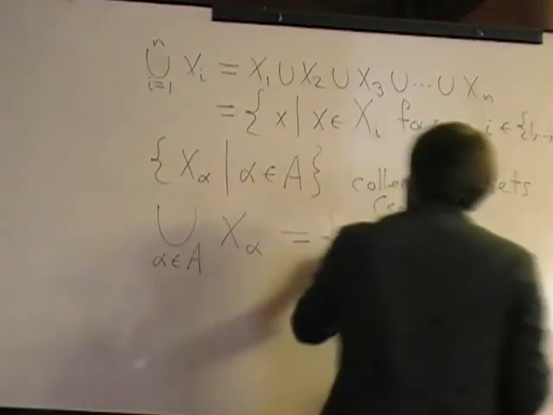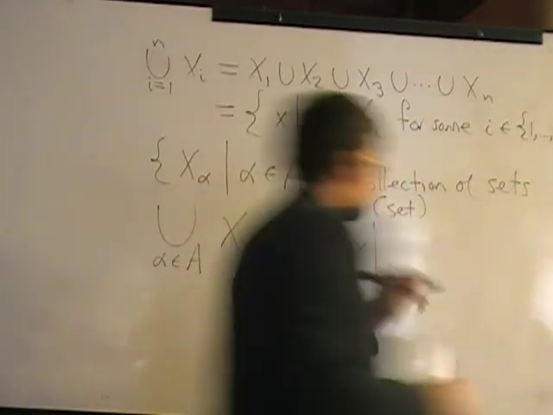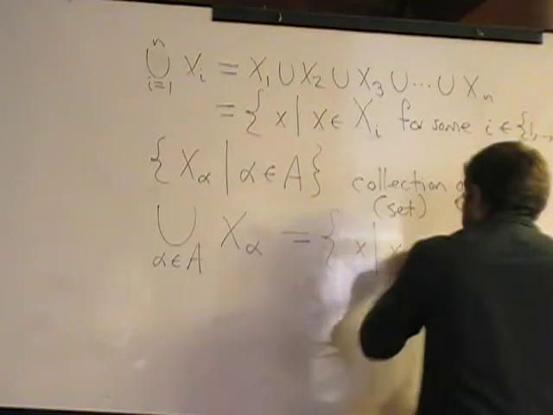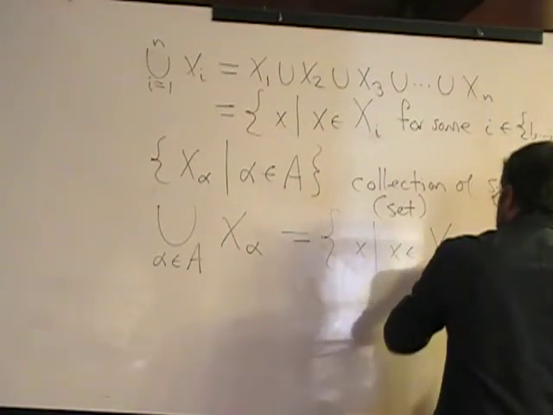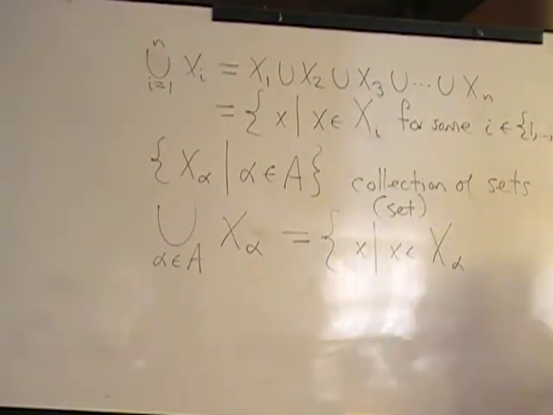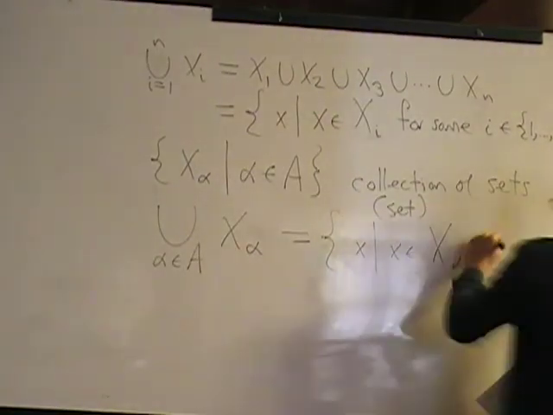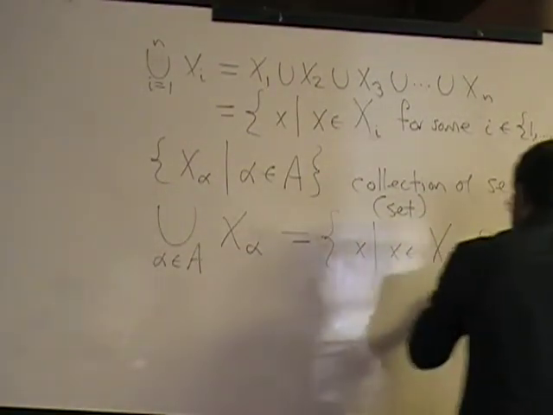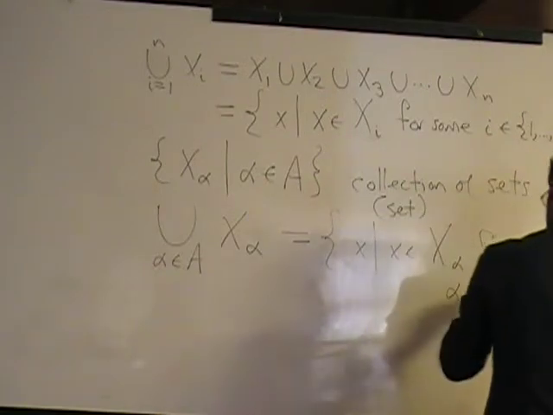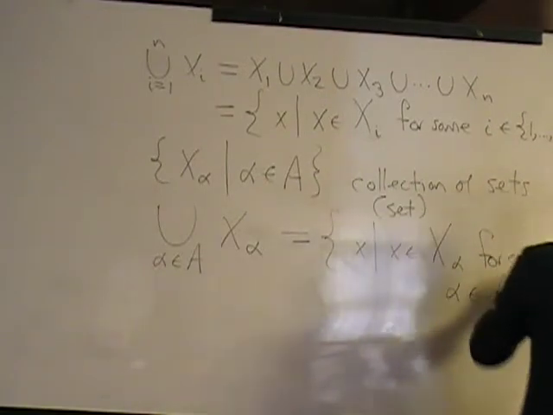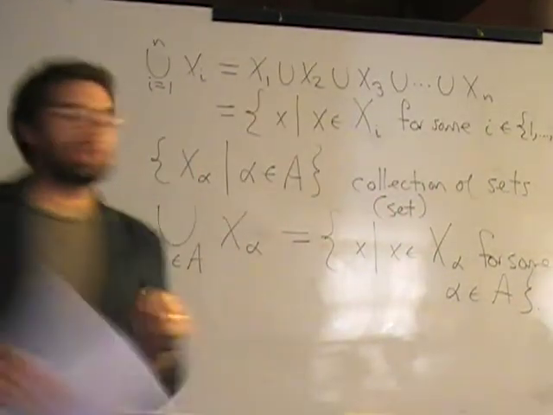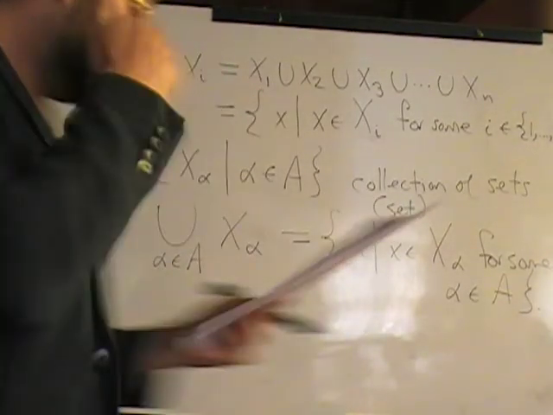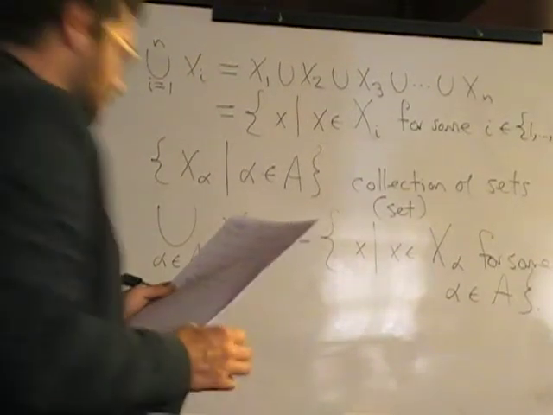It's the set of all things X such that that thing is an element of the set X alpha, and once again, for some alpha in A. So this is the idea of taking the union of an arbitrary collection of sets. And this is important to think about in topology.